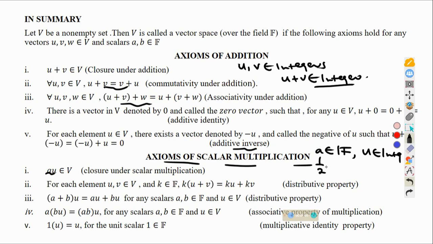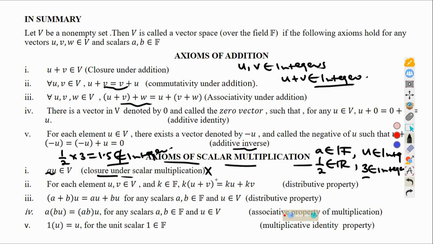For example, if I pick a half from the set of real numbers and use an integer like 3, which is an element of the set of integers, then a times u is a half times 3, which gives me 1.5. And 1.5 is not an integer. So clearly, closure under scalar multiplication will not be satisfied.